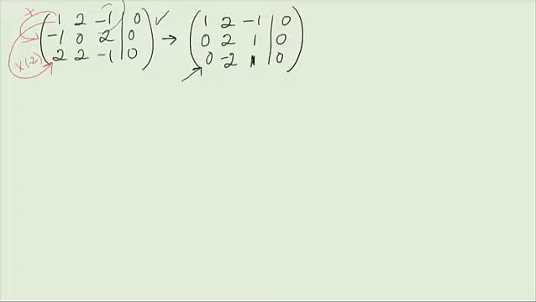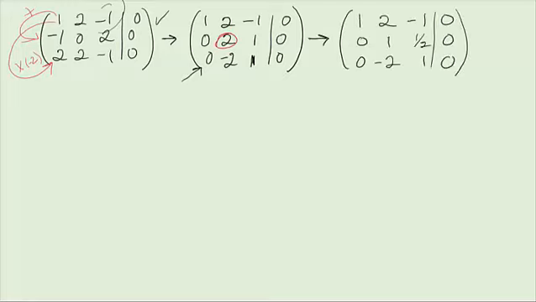Now, the next thing I want to do, I need a 1 here. So that's easy. I'll just multiply through by 1/2, getting this matrix. Now I will use the second row to turn the other entries in the second column to zeros.